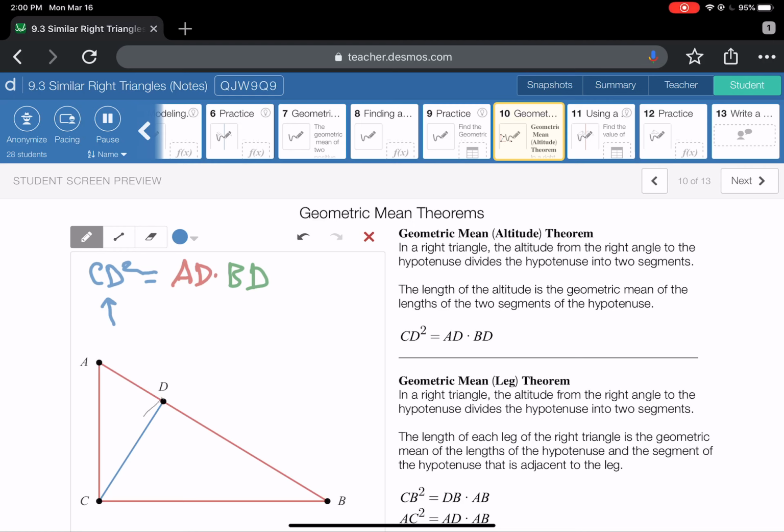So CD in this triangle is exactly that. It is our altitude raised to the power of 2. AD represents this piece of the triangle, so we're going to call that our first segment of the hypotenuse.